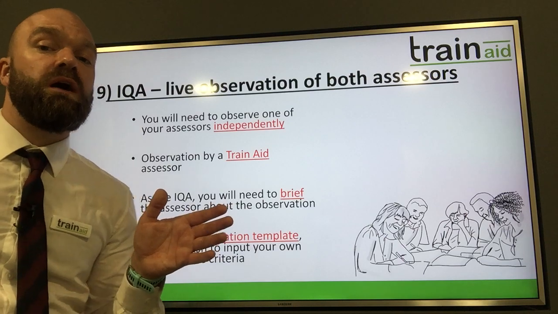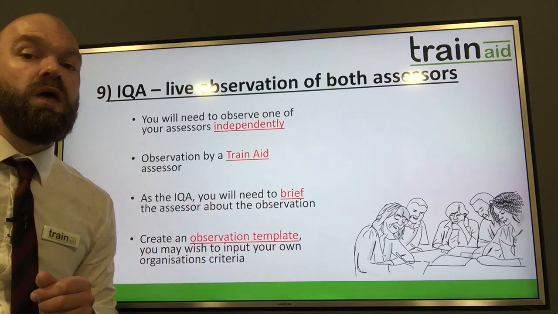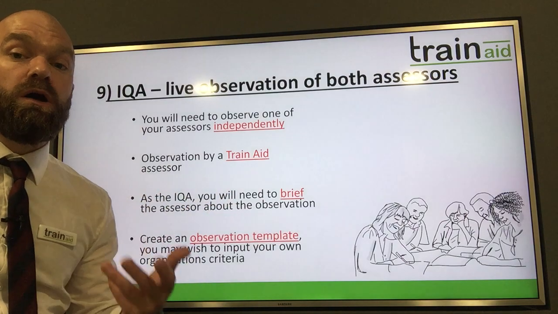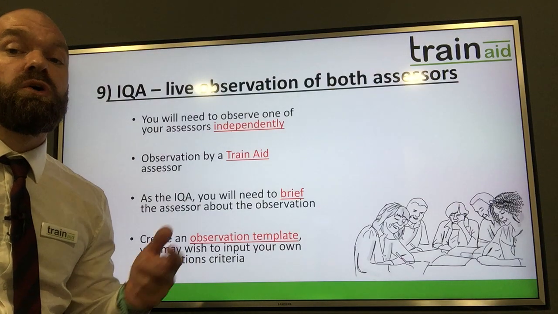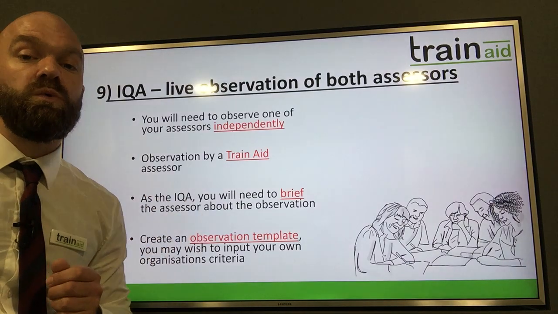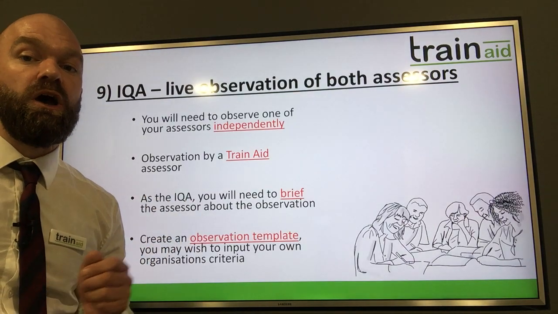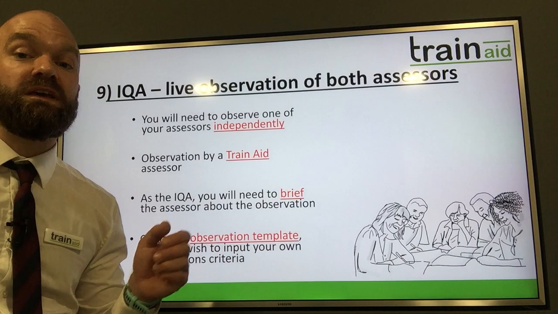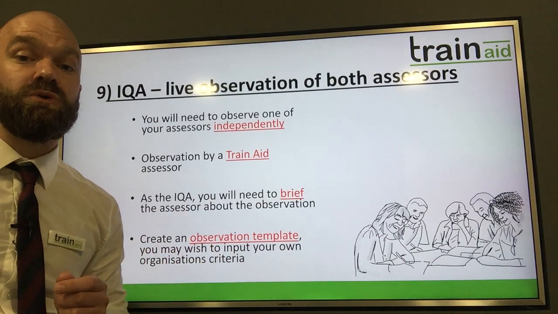Now, criteria number 9 is moving away from the actual marking of assignments, and it's to do with your observation, okay? So this marries up with your observation plan, and you are going to be observing each of your assessors or trainers.